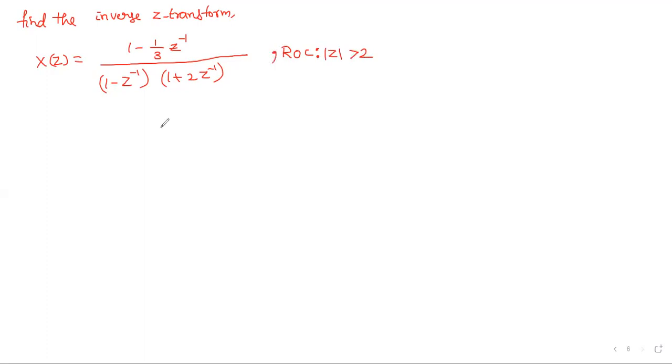If the question is given like this, step number 1. What is x of z? X of z is equal to 1 minus 1 by 3 into Z inverse divided by 1 minus Z inverse into 1 plus 2 times Z inverse.